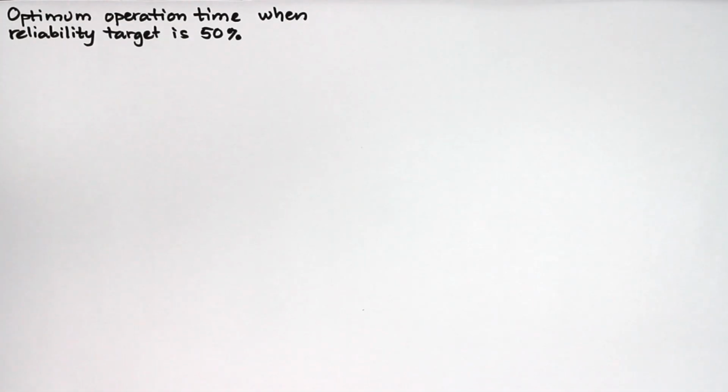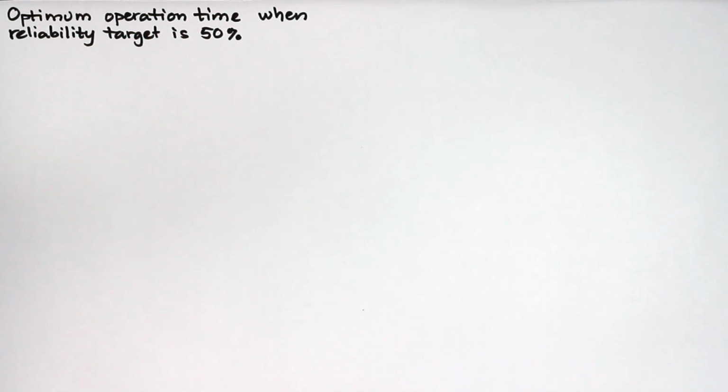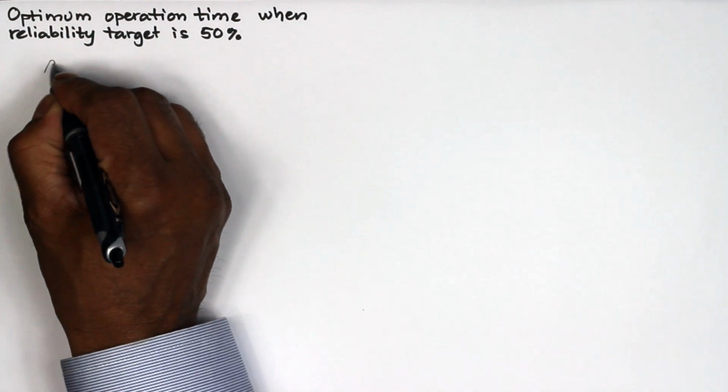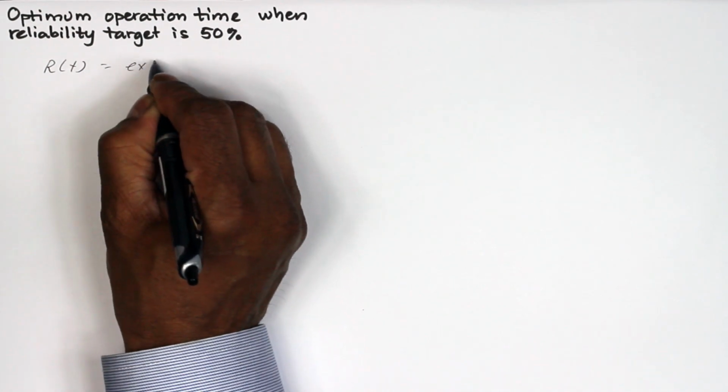Now we'll look into an interesting case where the reliability target is 50%. That is much more than what we calculated, 37%. What to do? There is no chance of improving the design, so the only thing we can do is reduce the operating time and achieve the target. Let us again see the reliability expression for the exponential model.